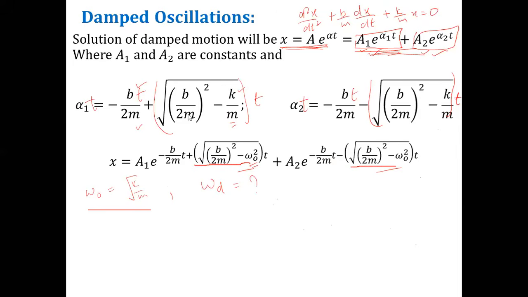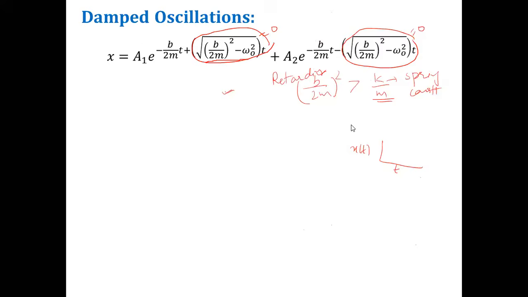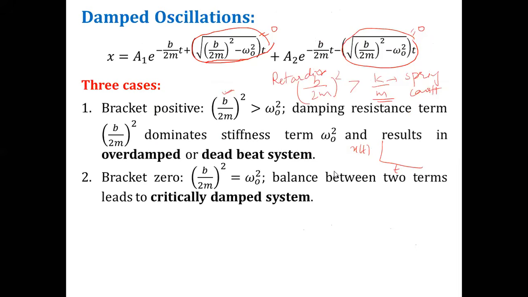If b upon 2m squared is equal to k over m, then alpha 1 is also minus b upon m, and alpha 2 is also minus b upon m. Both of them are equal to each other.